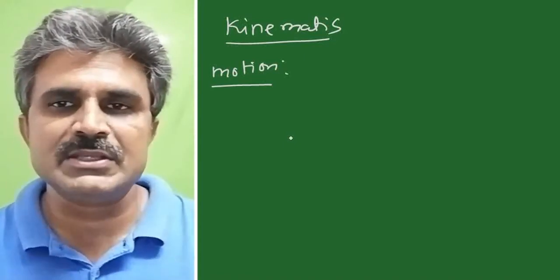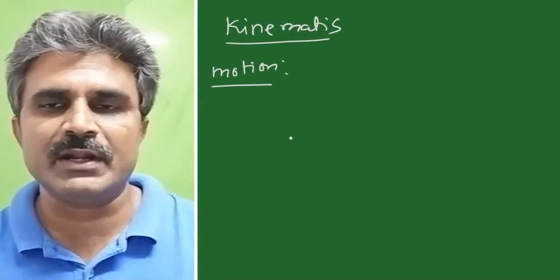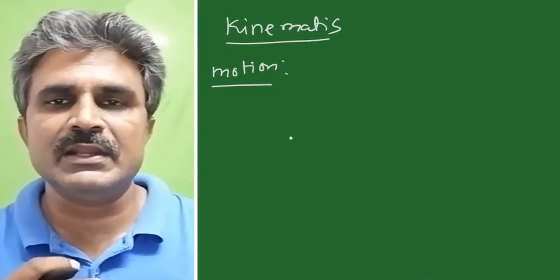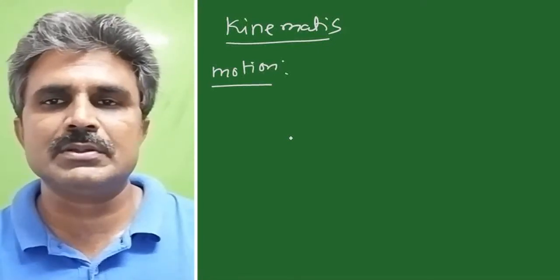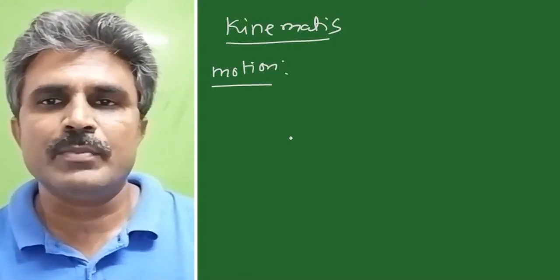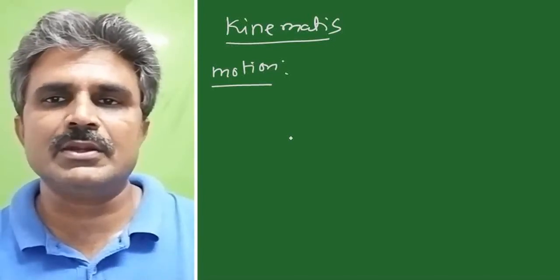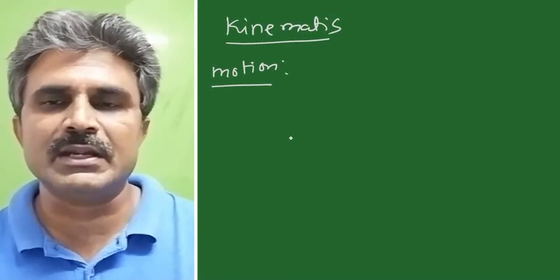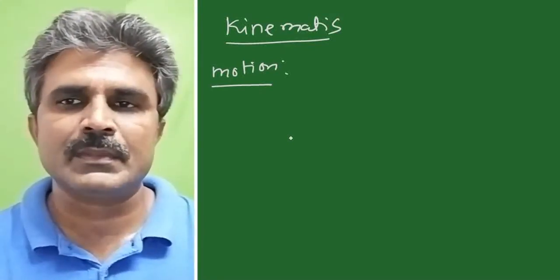I am changing my position with respect to my friend, so my friend is feeling that I am moving. From my motion, my friend can assess how much distance I moved and how much time it has taken to move that distance. Every parameter can be read out by my friend.